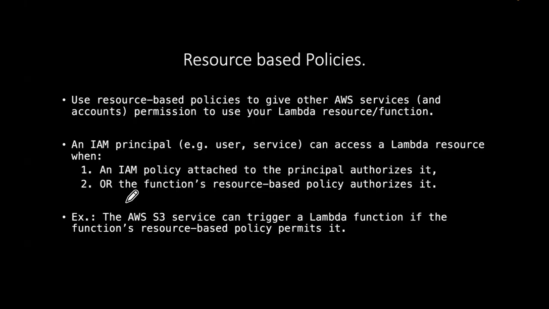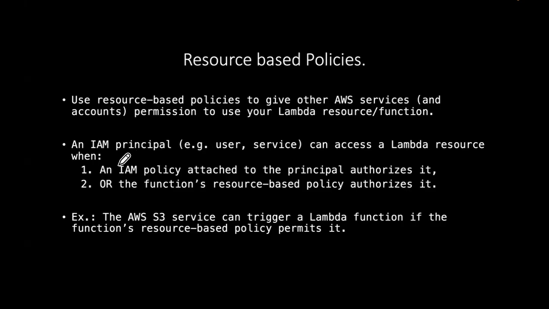And again, before I go back, typically you want to allow what's called an IAM principal, which is either a user or some other service. You want to allow either a user or some other service to have the ability to trigger your Lambda. Now, there are two ways that you can achieve that.